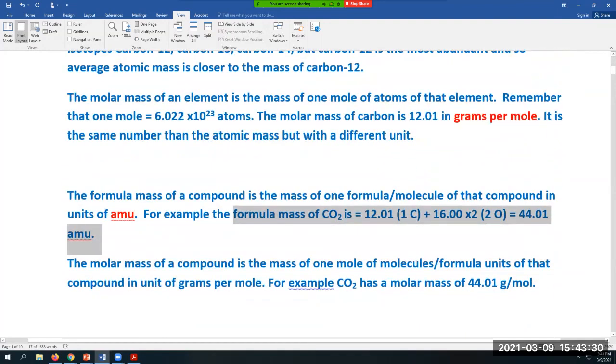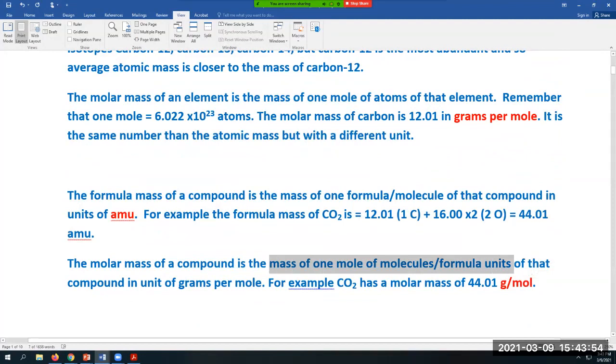And then the molar mass of a compound is again going to be the same number, except that it's in grams per mole. It's not the mass of one formula anymore, it's the mass of 1 mole of these formulas or molecules.